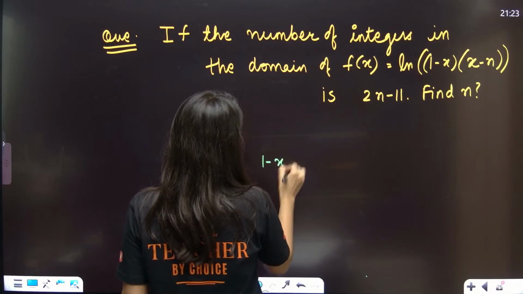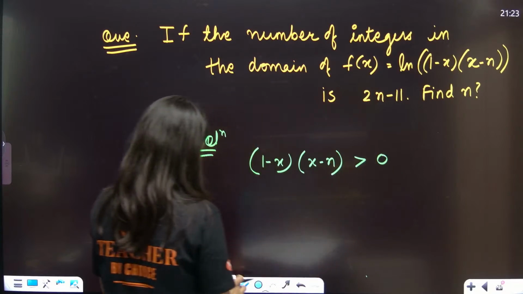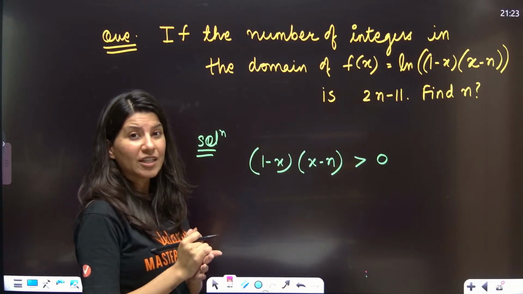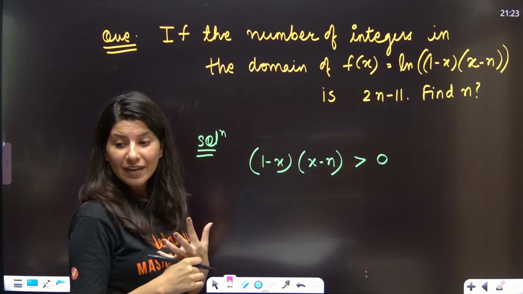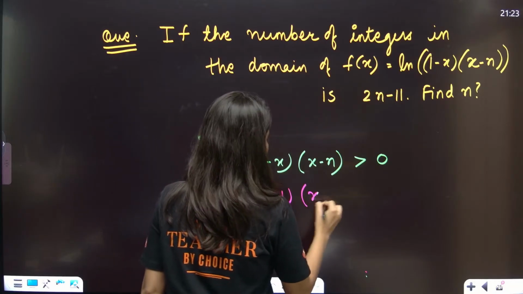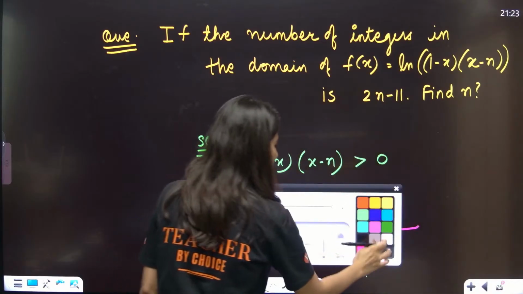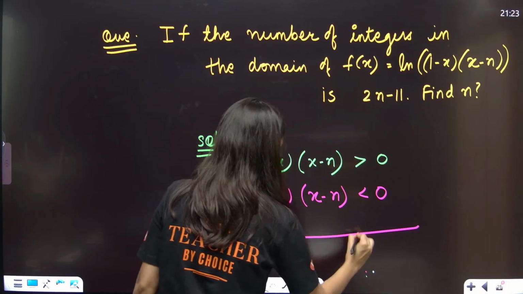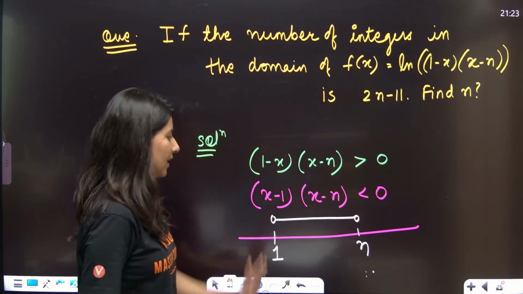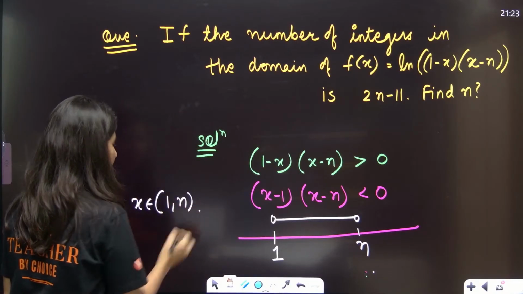So 1 minus x and x minus n should be positive. But you know what? Wavy curve will be applicable, but we know that wavy curve we need coefficient of x as the positive one, okay? So x minus 1 and x minus n less than 0, okay? Alright, so suppose 1 is here and this is your n, and we need all the values between 1 and n. So x will be belonging to 1 comma n.